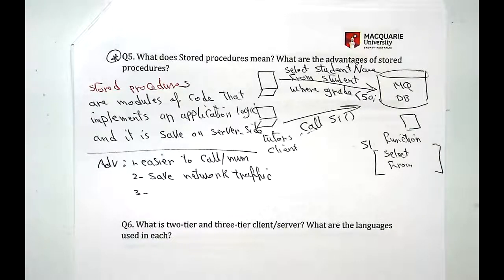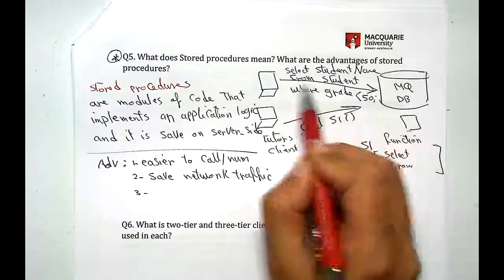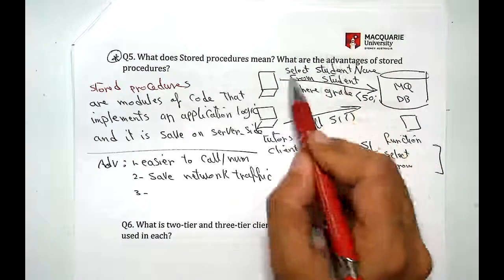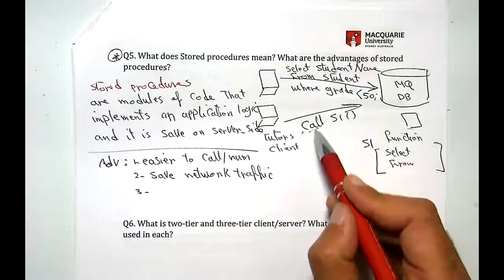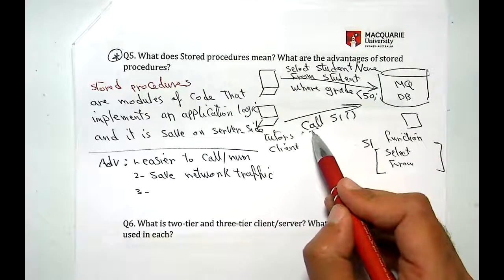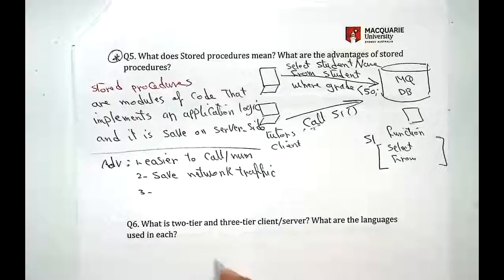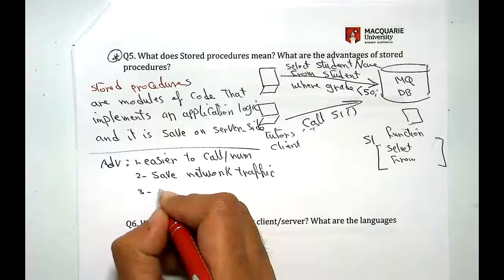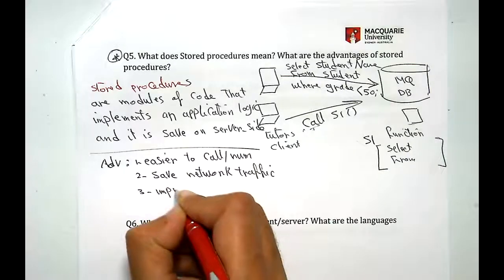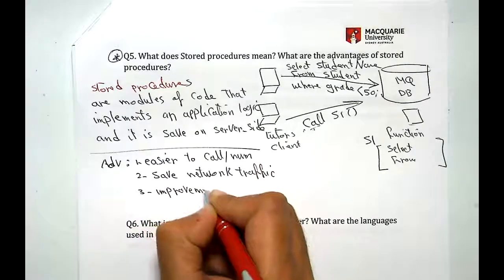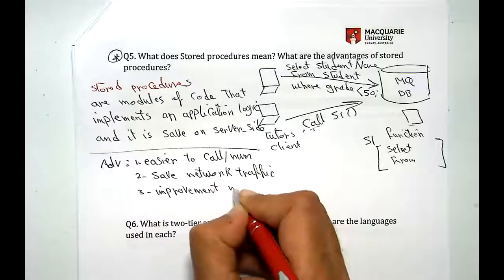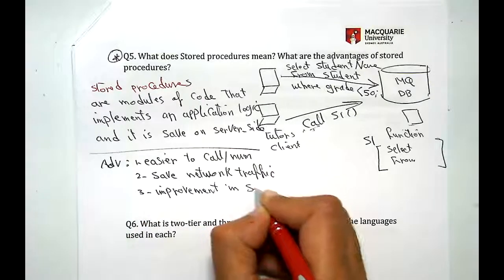So your username and password are sent with the query. But when you call, you don't have to send your critical information with it. So number 3 is an improvement in security.